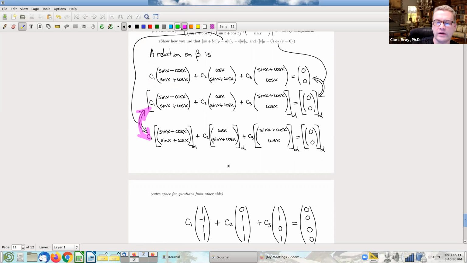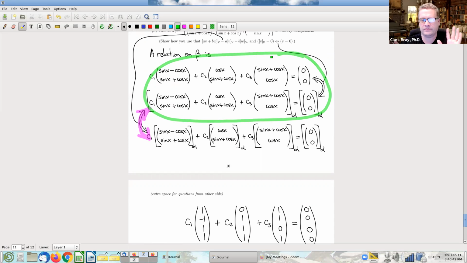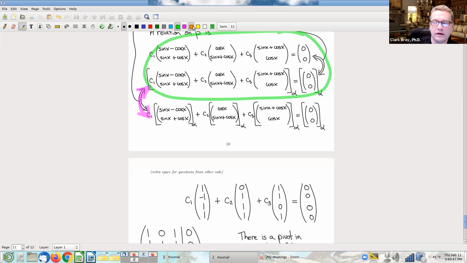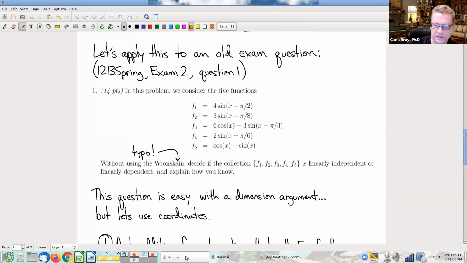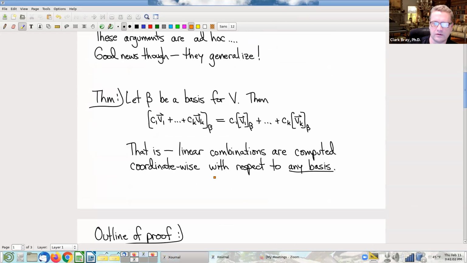That's where we turned the original question, which I don't have a way to deal with, into a familiar, maybe a little tedious, but totally doable question of row reductions. And the thing that allowed us to do that is this theorem that we just talked about here.